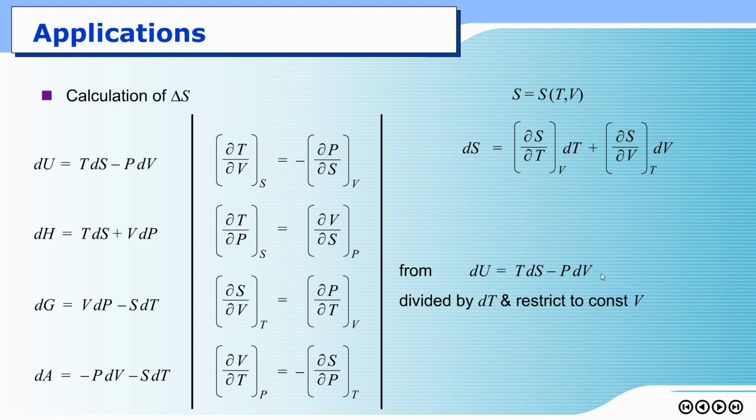Again, if you change this fundamental to something else, let's say you pick this equation, on the left hand side you get dH by dT at constant volume, which was not defined. Okay, so you have to start with this one so that you end up with something familiar. So on the left hand side you get dU by dT at constant volume, which is heat capacity, Cv.